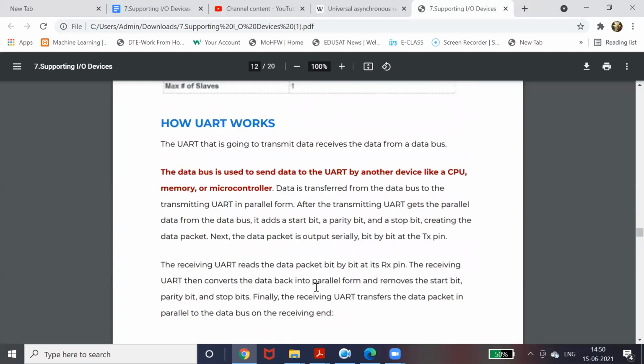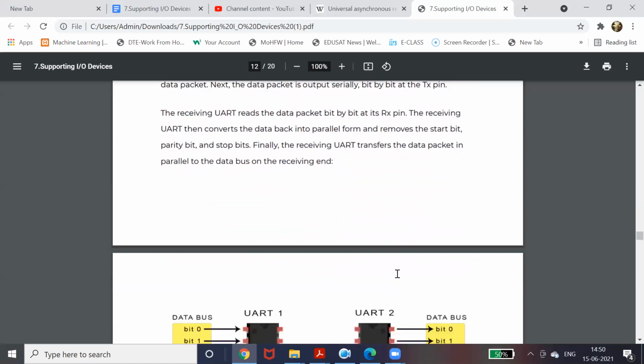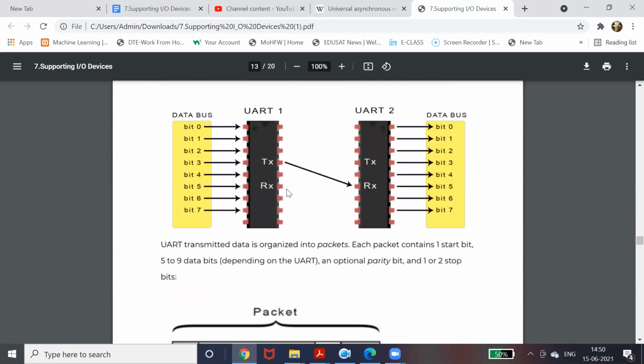So remember, when receiving data in parallel form, it adds the start bit, parity bit and stop bit, forms a data packet and sends it to the receiver one by one. On the receiver side, these extra start and stop bits are removed, and then the data is processed.